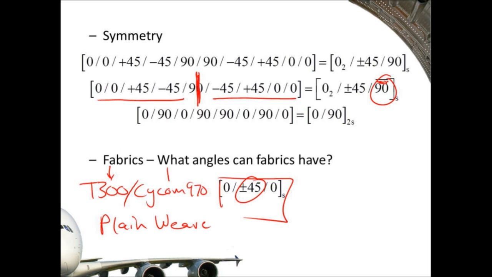SciComm 970 tells you it's a SciComm 970 resin. Plain weave means it's a fabric. And then the laminate code tells you the order that it's made. So you can go through the full designation. You can read any textbook on composites now and you'll be able to understand at least what they're talking about when they talk about the laminates.